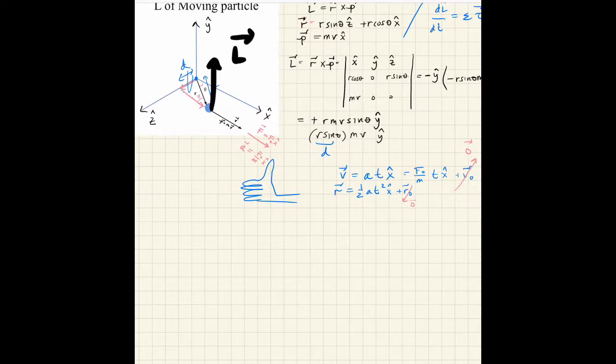You can see my position only changes in the x direction as a function of time. So x of t is 1/2 F naught over m times t squared, and x as a function of time would be this distance on the graph.